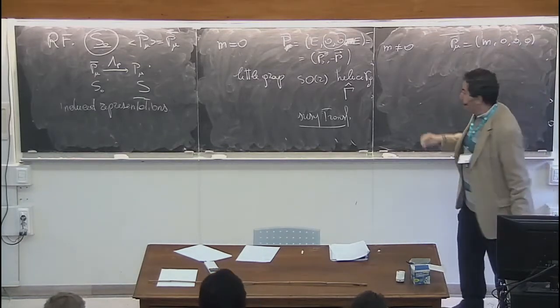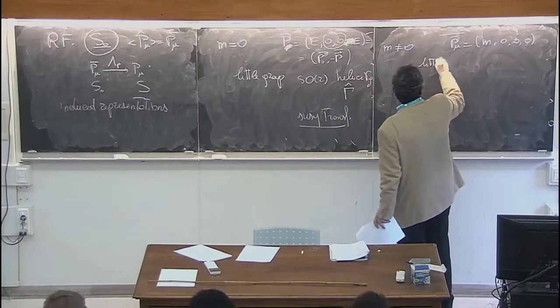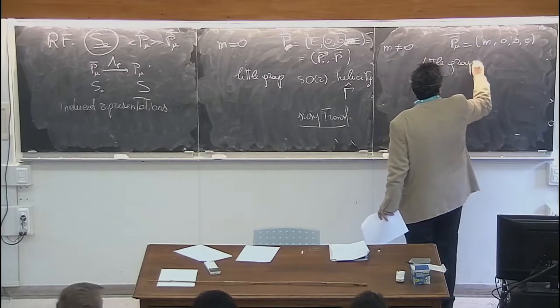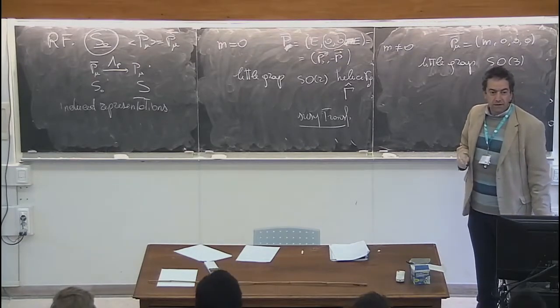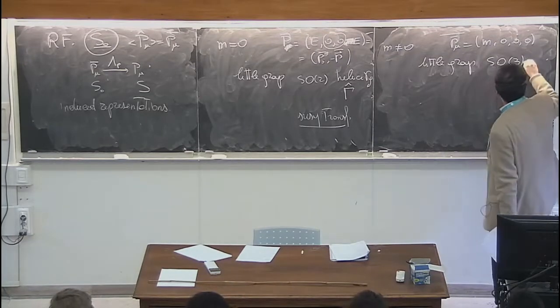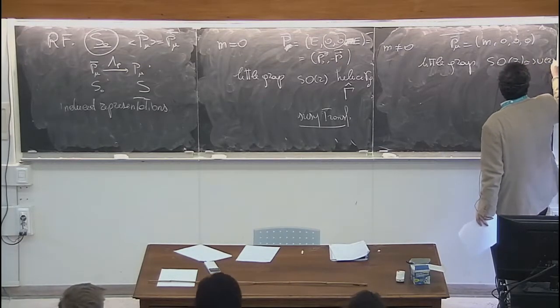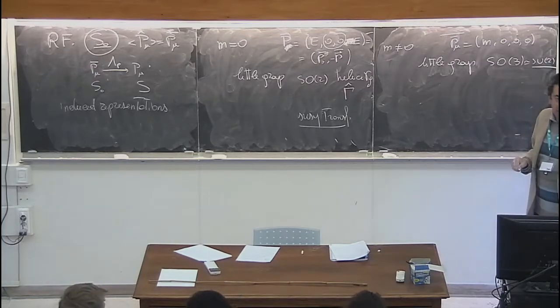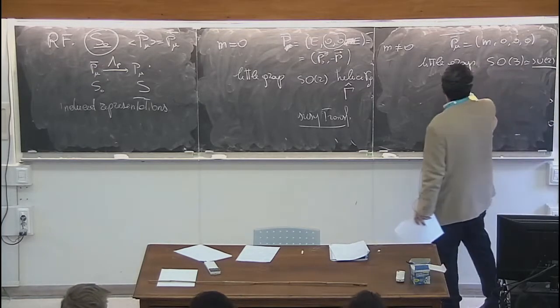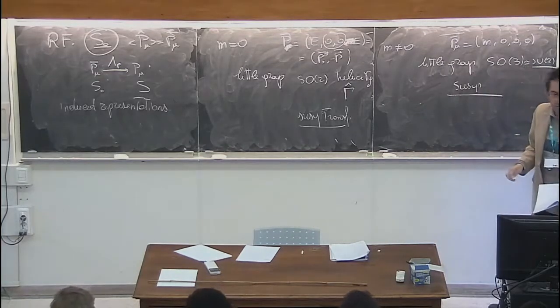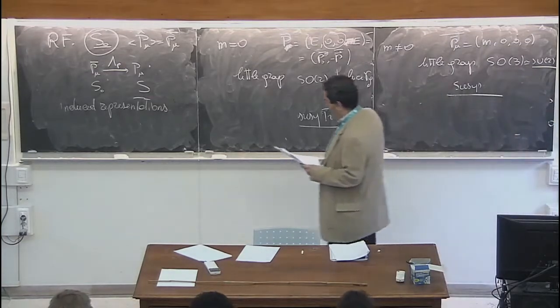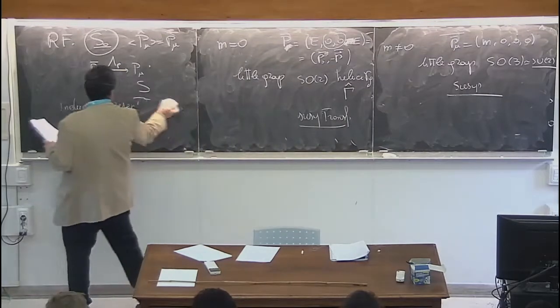In this case, the little group is SO3, which is locally isomorphic to SU2, the spin group. And also SUSY, supersymmetry transformations. Okay, so let's consider the massless case first.